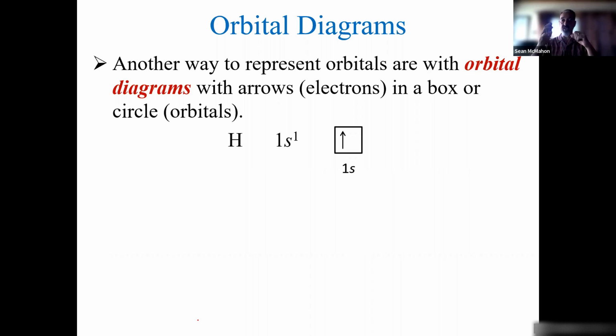The box shows the number of orbitals, the arrow shows the electrons and their spin. Again, each box is an orbital. Each orbital can only have 2 electrons, and they have to be opposite spin.